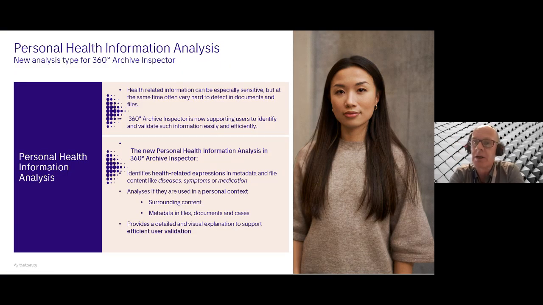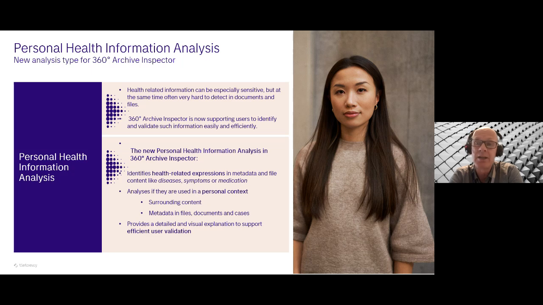In the first version of Archive Inspector, we focused on identifying IDs and passwords. Now the time has come for the introduction of personal health information. This type of information can often be very sensitive, but if someone publishes information about rules, regulations, or other type of information related to public health, this is of course not sensitive.